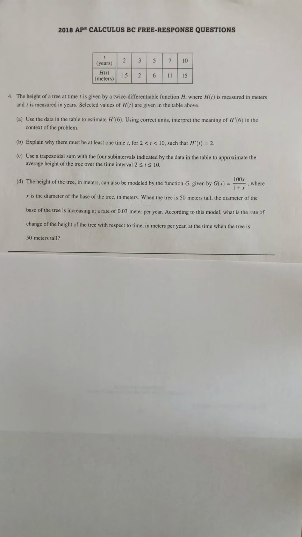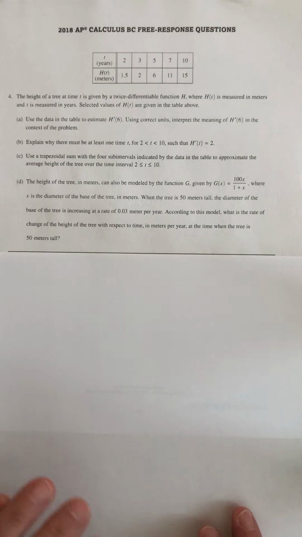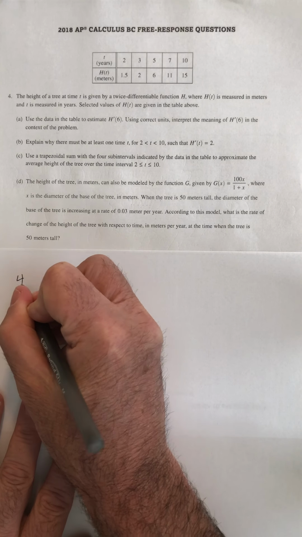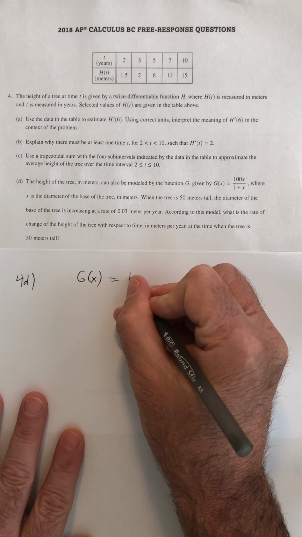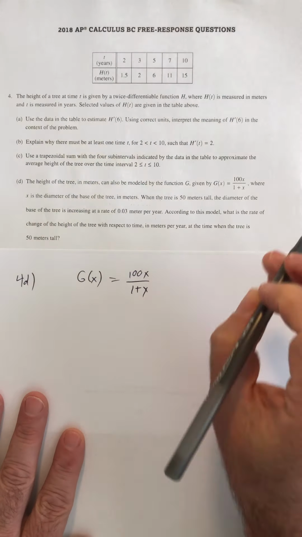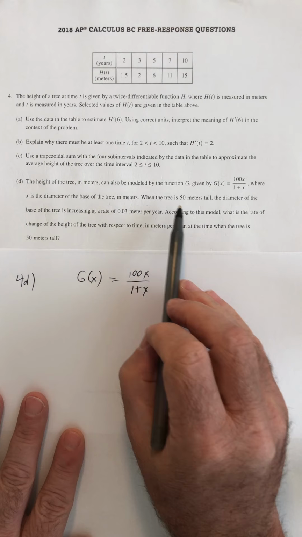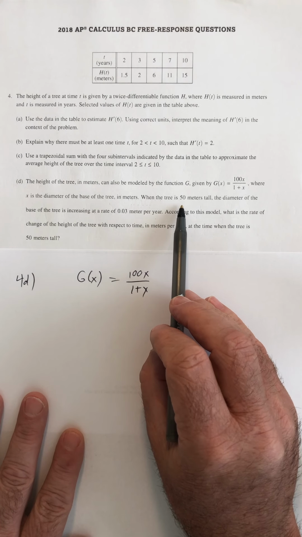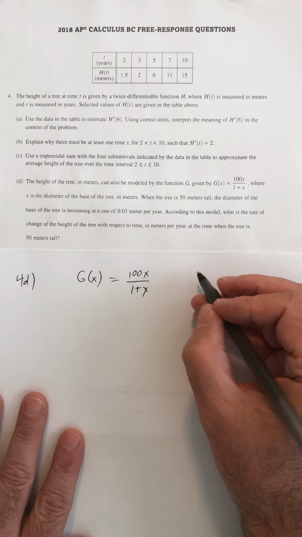All right, part D, instead of asking us to use a table, they're now asking us to use a G function to find the height of the tree. So we're no longer looking at H, we're now looking at G. Reading through this problem, related rates should kind of jump out at you when the tree is 50 meters tall, so that's a height, that's a G value.